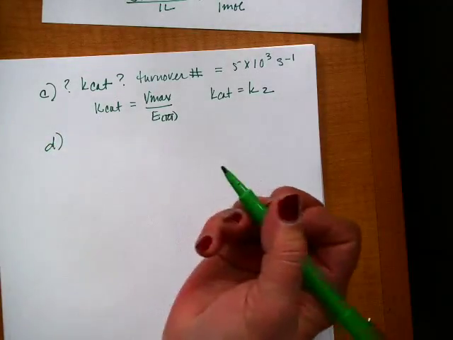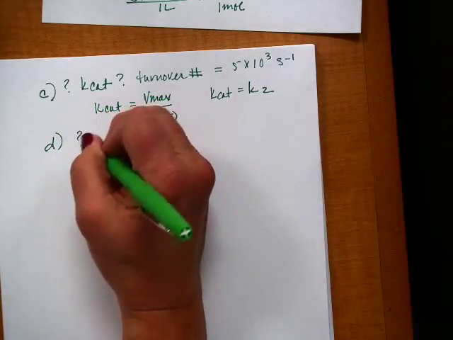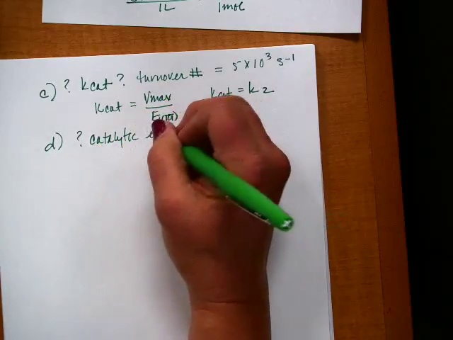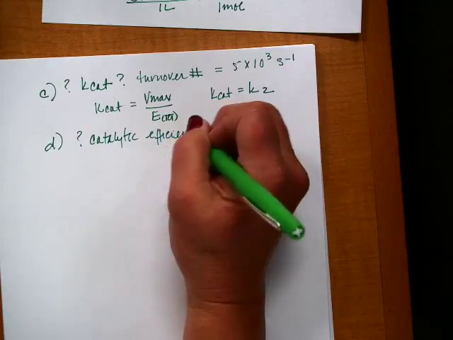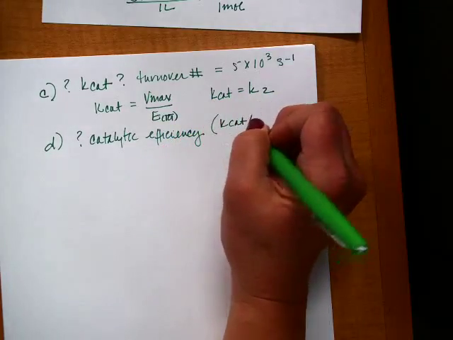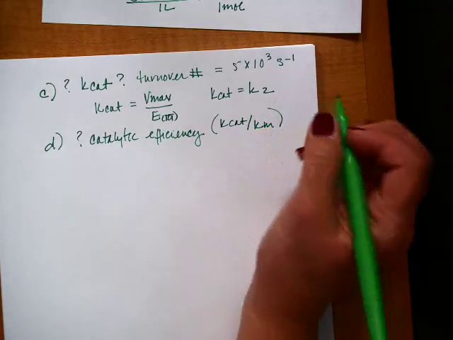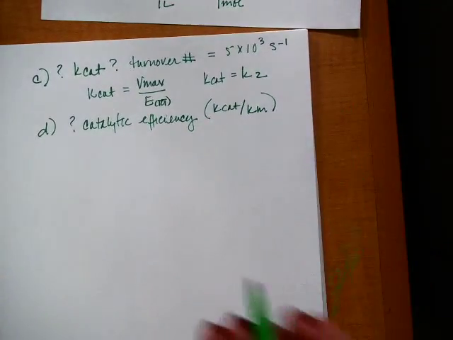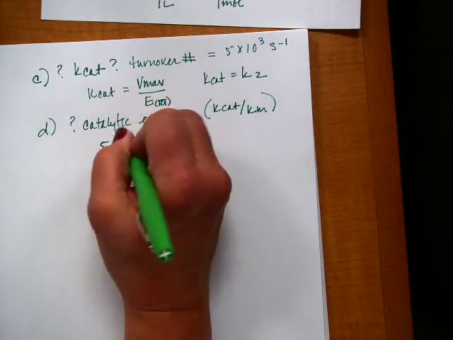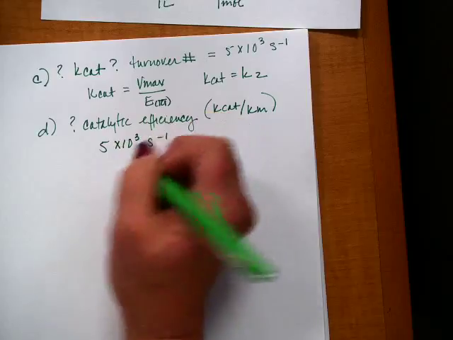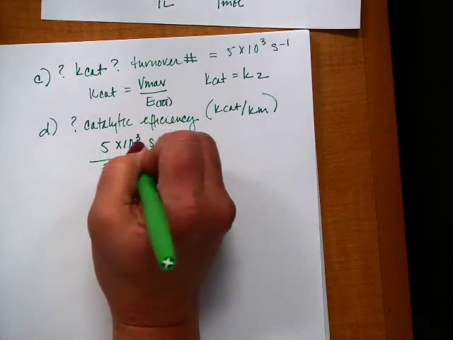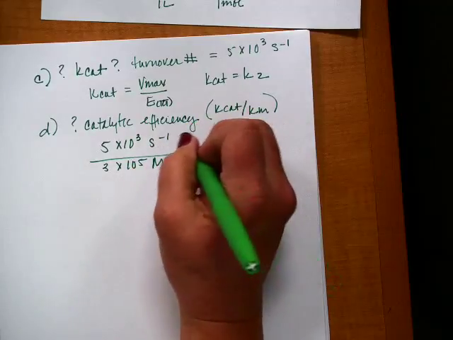D, in this problem, what is the catalytic efficiency? That is K-cat divided by Km. We know our K-cat is 5 times 10 to the third s to the minus 1, and that's divided by 3 times 10 to the fifth molar.